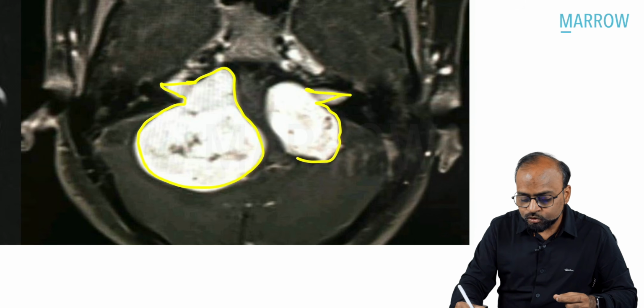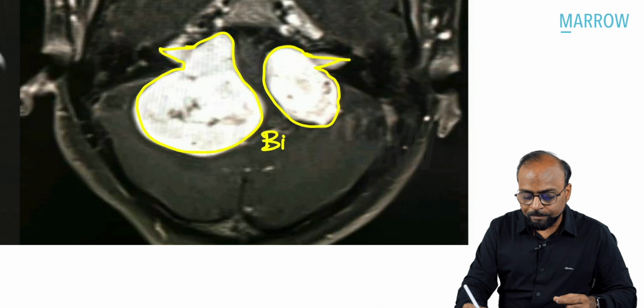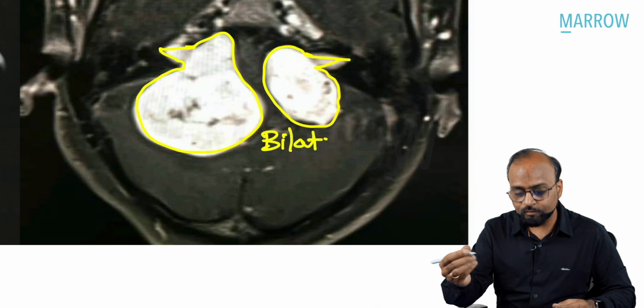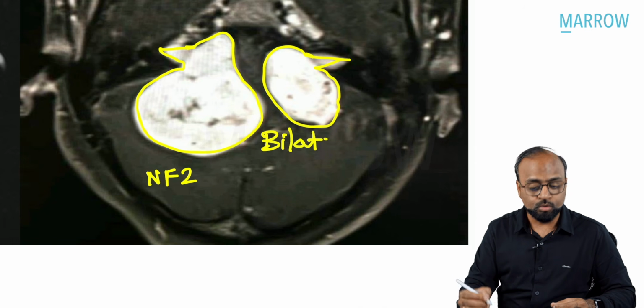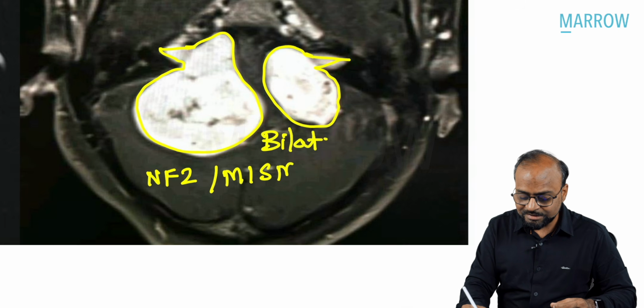So remember that whenever you come across a case of bilateral acoustic schwannomas, you should always think of a syndrome. And what syndrome is it? It is neurofibromatosis type 2, also called, yes, what is it also called as? It is also called MISME syndrome.